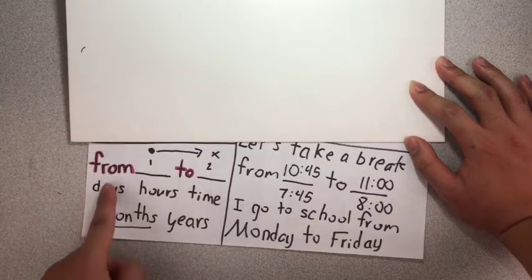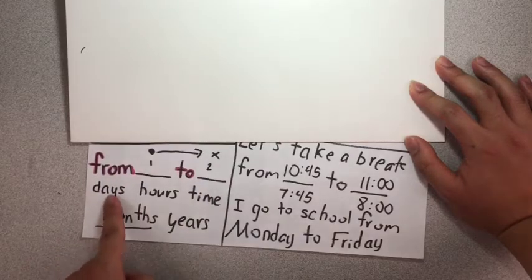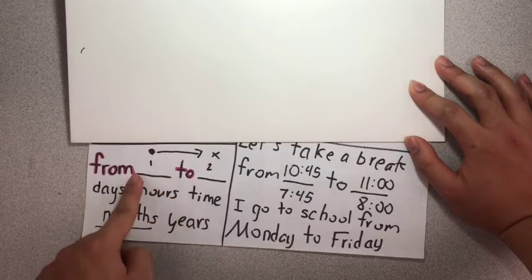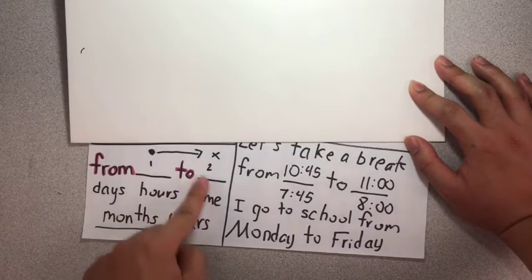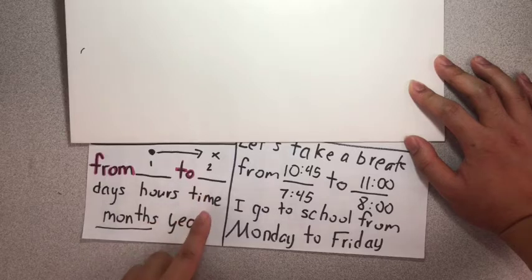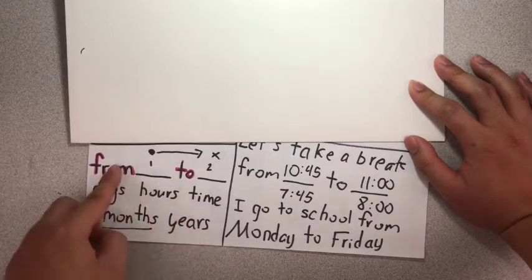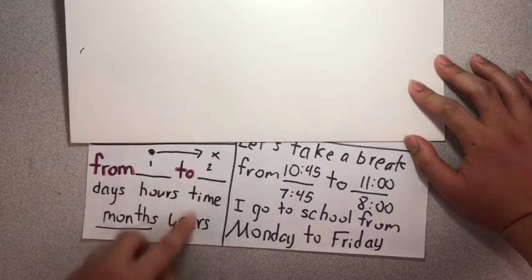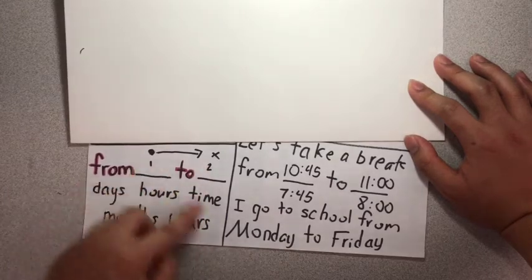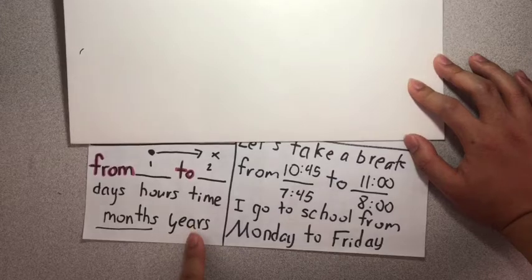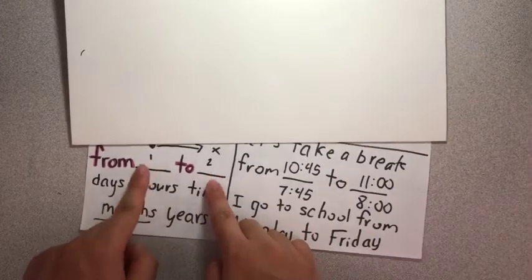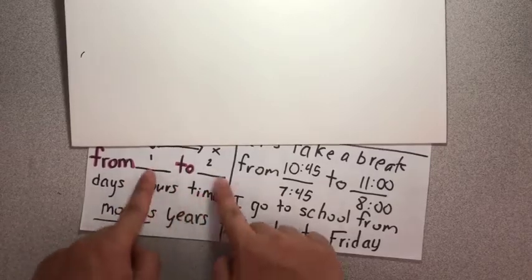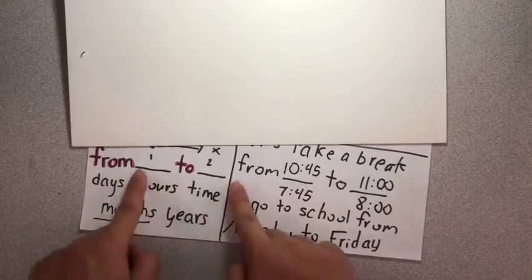Or we have English class from Monday to Friday. We have English class from 9 a.m. to 12 p.m. We have English class from 2019 to 2020. This and this need to be the same. Is it days, hours, time, months, or years?